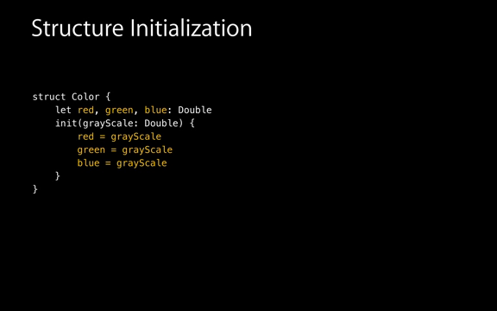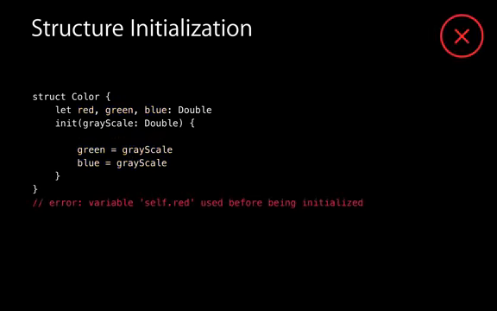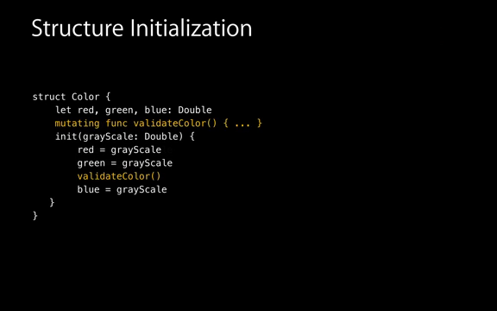Now, if we had forgotten to set the red property, for example, we'd get a compiler error because we haven't satisfied the rule that every value must be initialized before it's used. And the same is true for calling a method in your initializer before you set all of your properties. For example, say we want a method that validates the color components to make sure they're within a valid range of values, say 0 to 1.0.